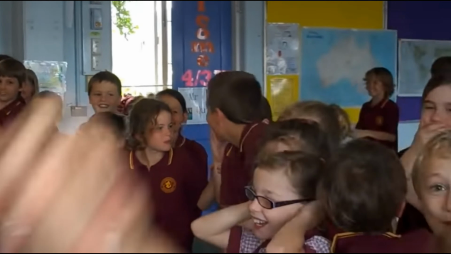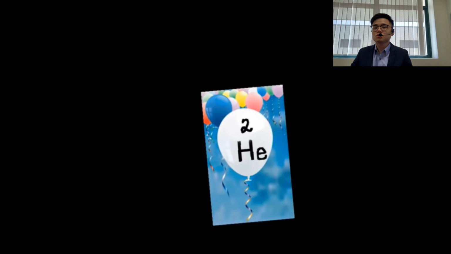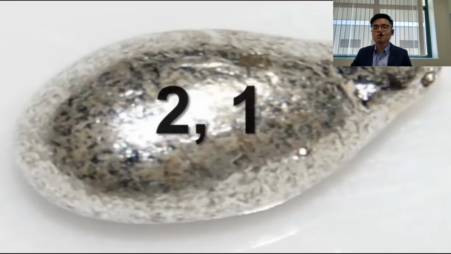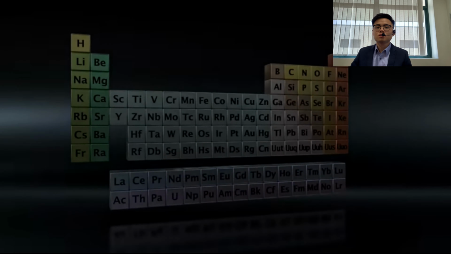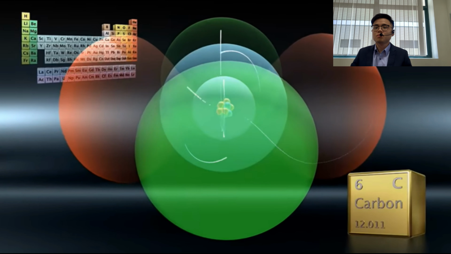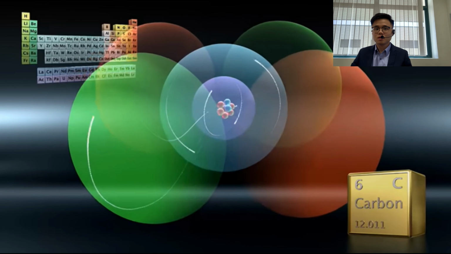For example, hydrogen is an explosive gas because it only has 1 electron in its shell, and helium is not an explosive gas because it has 2 electrons in the first shell, which is fully occupied. And lithium is a shining metal because it has an electron configuration of 2, 1. Our world is as it is because of these subatomic particles and because of the atomic structure.